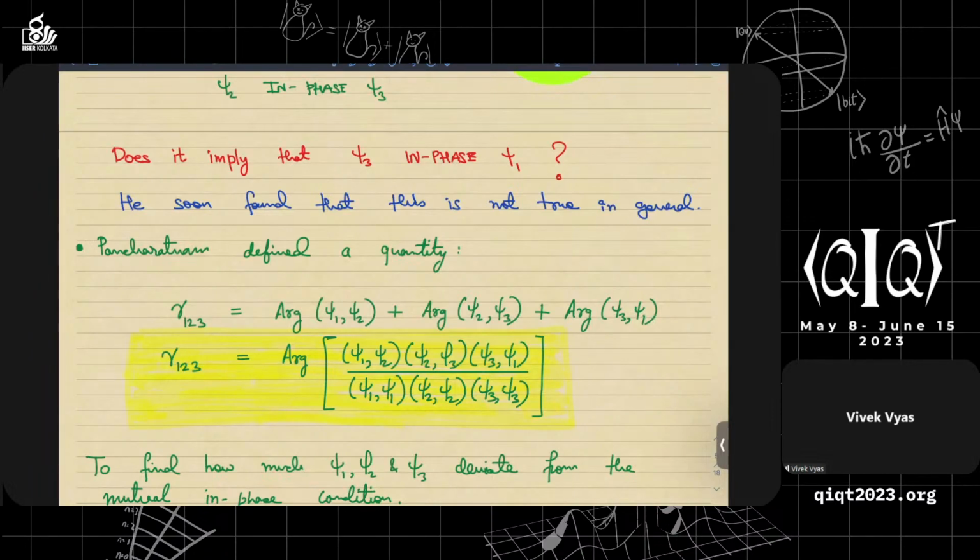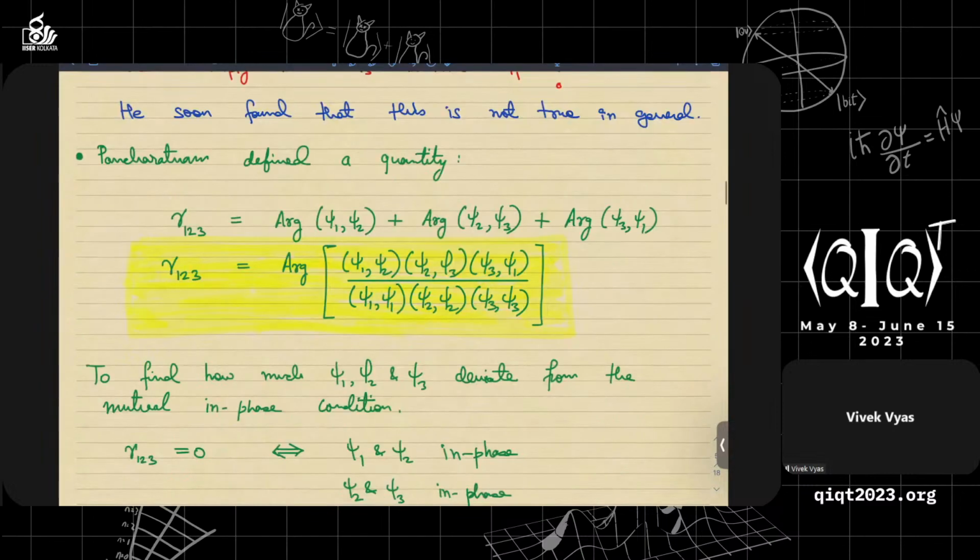For normalization considerations, you can also divide by a positive number, which is the squared norm of all the vectors. It doesn't matter because it's a positive quantity, so the argument is not going to change. But for future purposes, it was very helpful to write it in this way. And he called this quantity a geometric phase.